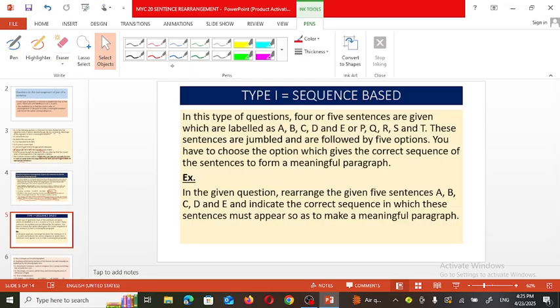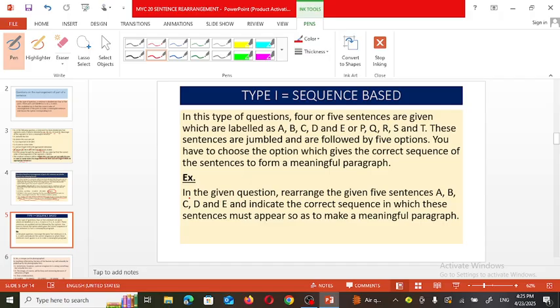Now this type of question can be divided into different types. See the first type. In this type of question, 4 to 5 sentences are given which are labeled as A, B, C, D or P, Q, R, S, like that. These parts will be jumbled. Candidate needs to rearrange these sentences so that a meaningful paragraph can be made.